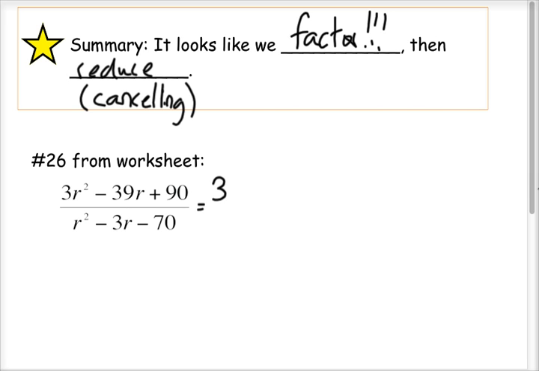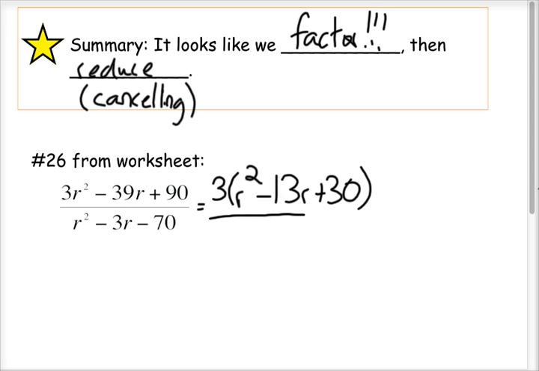So I'm going to pull that 3 right on out. So that's going to leave me r squared. Negative 39 divided by 3 leaves me negative 13r. 90 divided by 3 leaves me with a 30. Okay, and then for now, I'm just going to leave the bottom in this step.